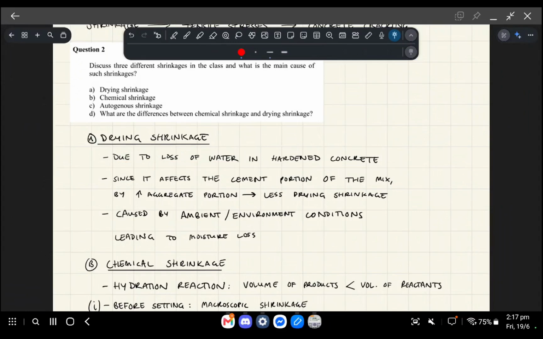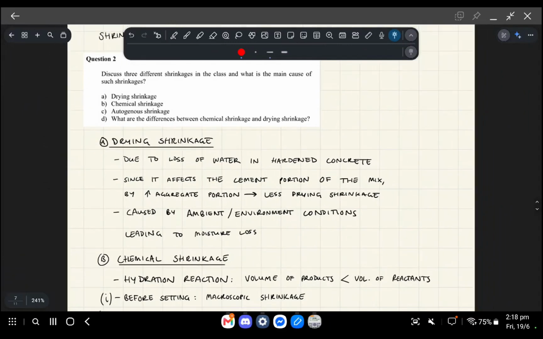It affects the cement portion of the mix only, so if you have more aggregate than cement, you have less drying shrinkage. That's one way to reduce the effects of drying shrinkage. It's caused by ambient or environmental conditions such as sunlight causing evaporation.